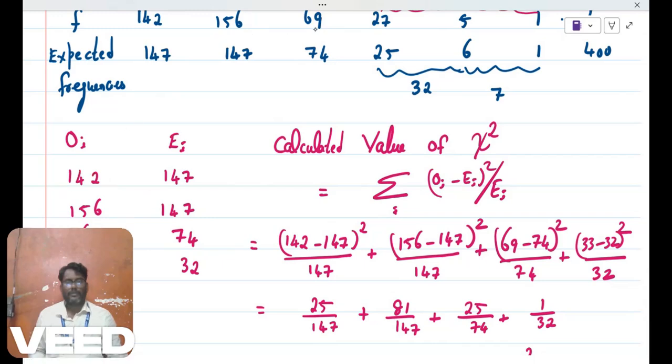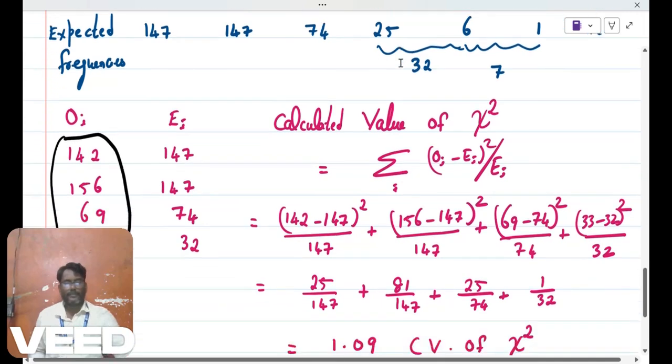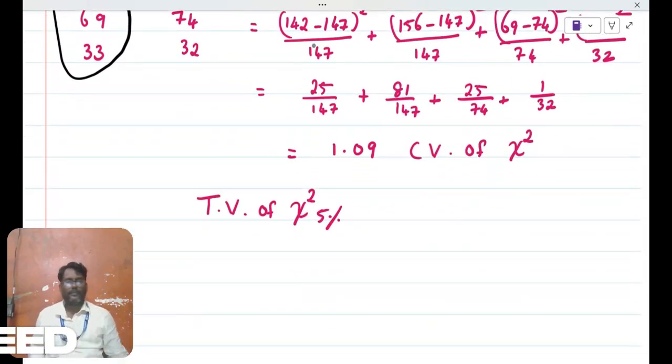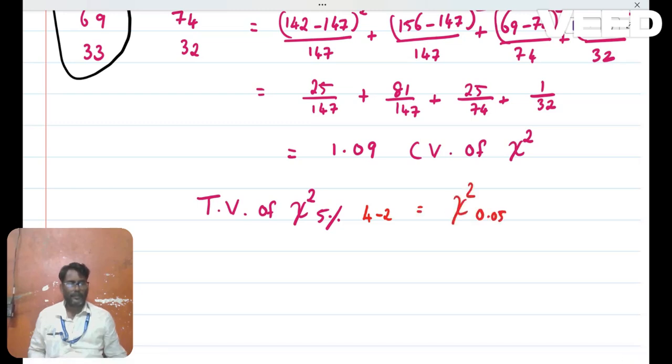So it will be 4 minus 2, which is equal to chi-square under 0.05 comma 2. The value you will get the same as in the binomial distribution, it is 5.99.